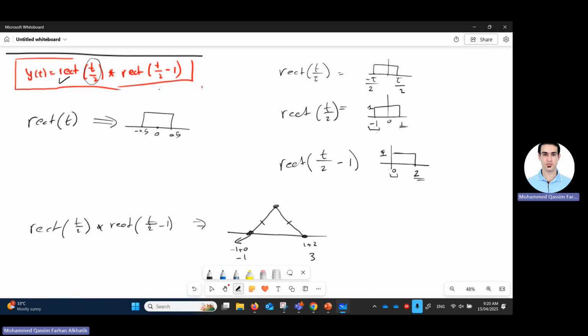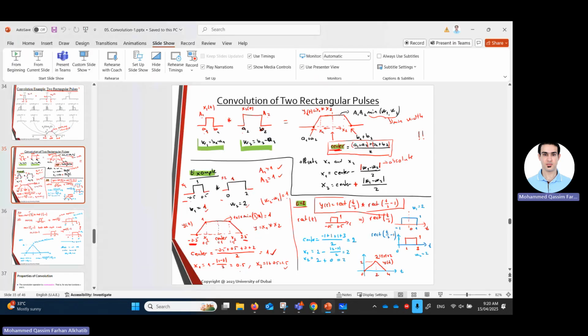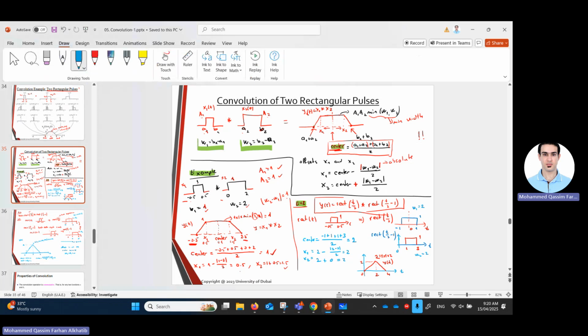Now, what about the value of the center? Center equals a plus b plus c plus d over 2. Let's double check. A1, a2, b1, b2. So basically, it is the edges of the rectangular pulses, all added, divided over 2.